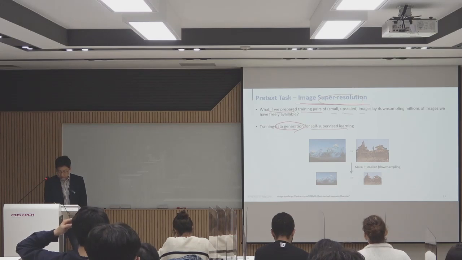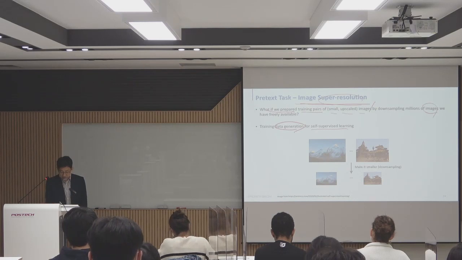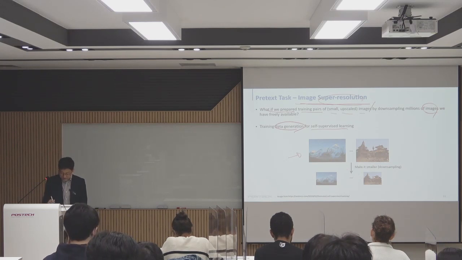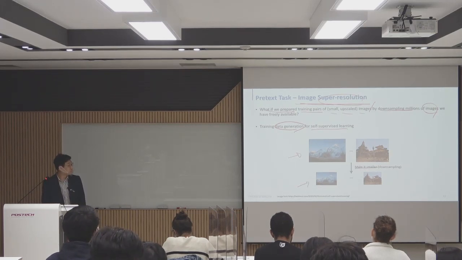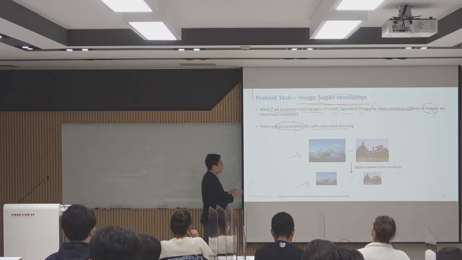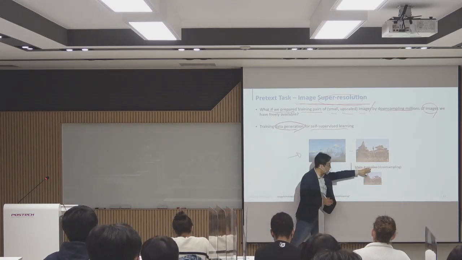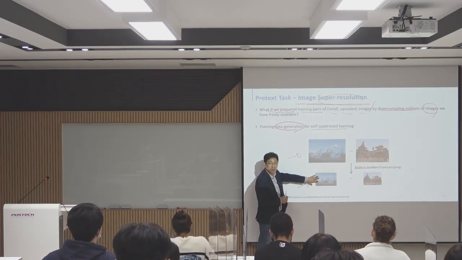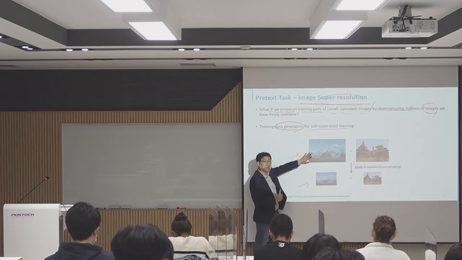We get original images in high resolution, and we conduct downsampling to make them smaller. From the data preparation perspective, we apply downsampling, one of the image processing techniques, to make it smaller. This is going to be the input to the network, and this will be the output.